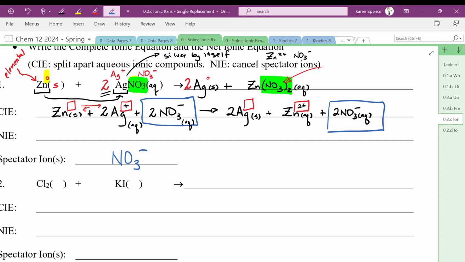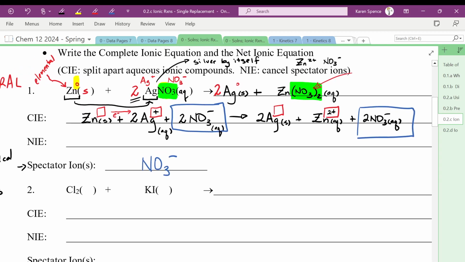No, if you're asked what the spectator ion is, it doesn't matter what state. Spectator ions will always be aqueous. So it's almost like not worth it. If you wanted to, though, it wouldn't be wrong. Okay?